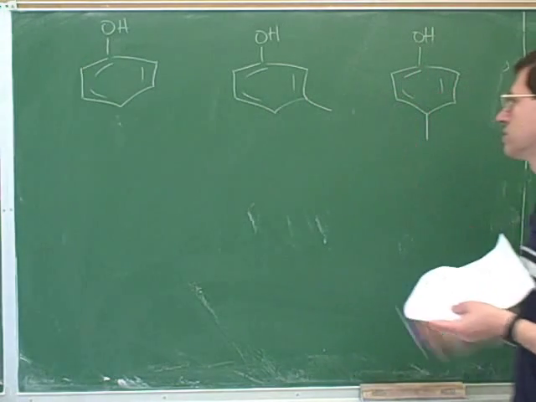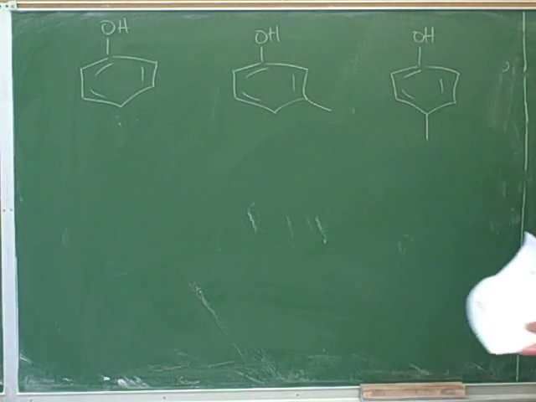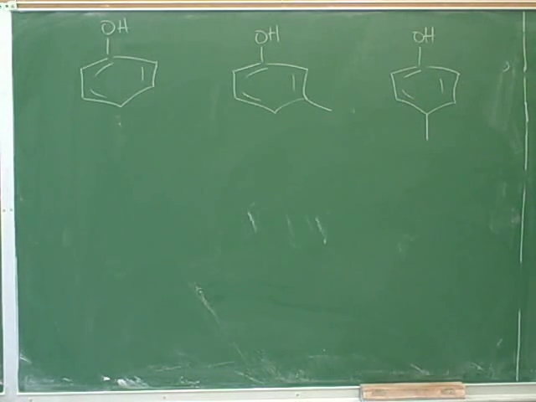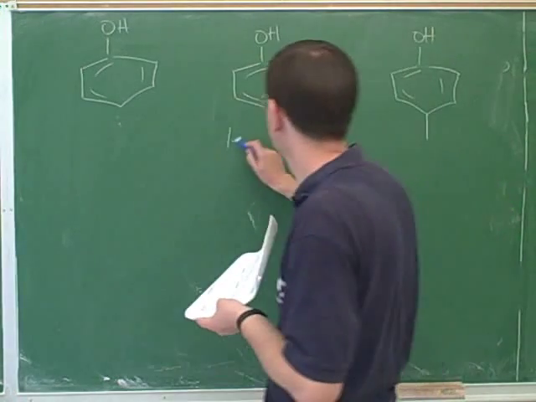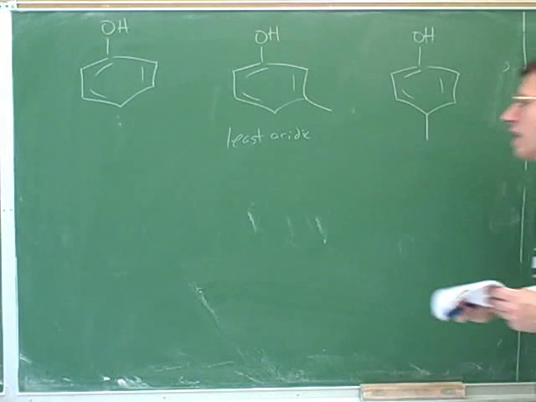But which of these two pictures would be the least acidic of all? Comparing these two, the phenol with the methyl in the M position. This is the least acidic? Yep. Why is that?